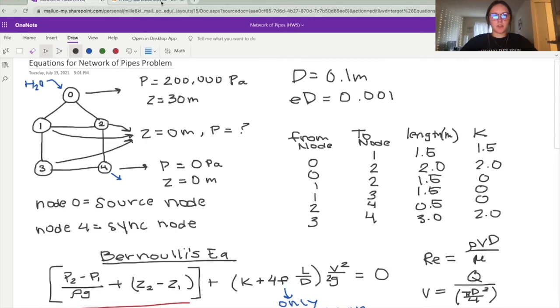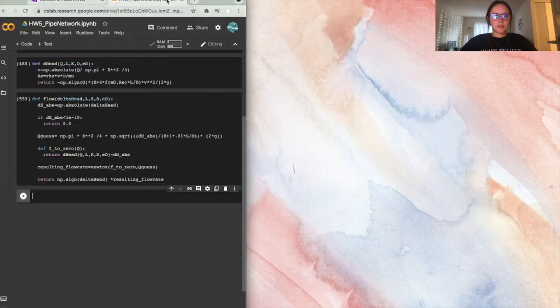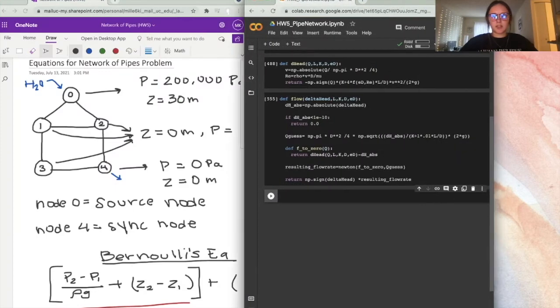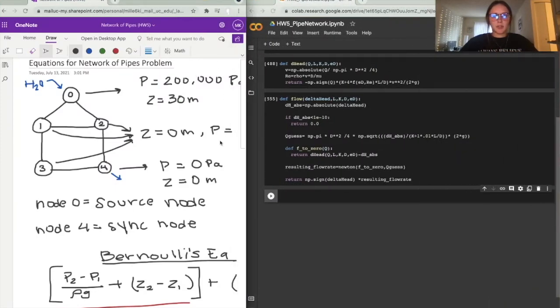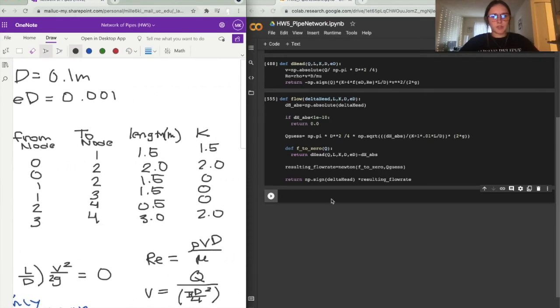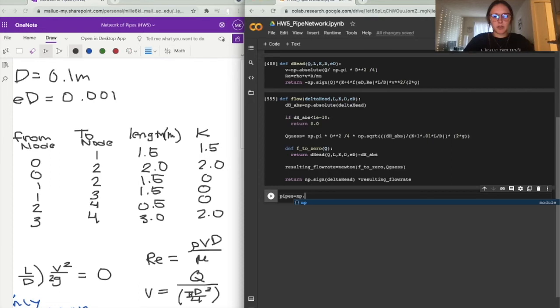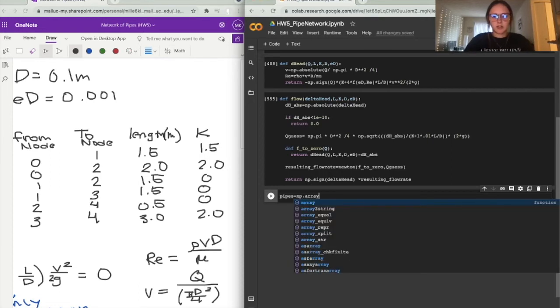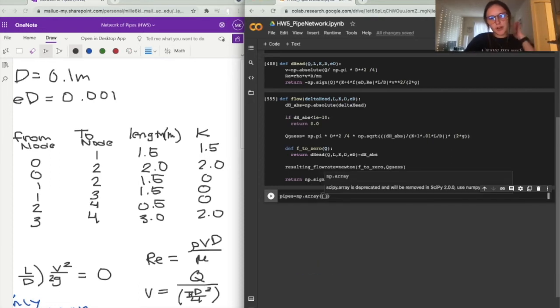If you give me a minute, I'm gonna split it so I can type it in faster. So I'm gonna type in this array and I'm gonna name it pipes. So np.array, and it should be in brackets.